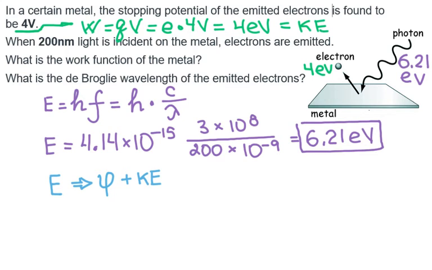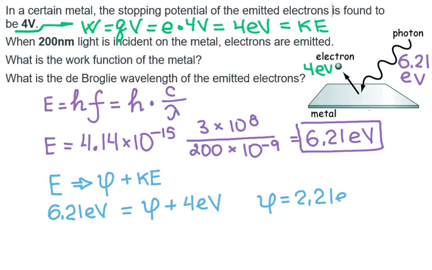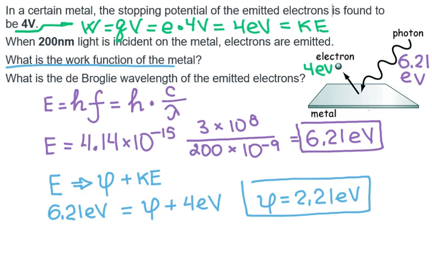So if the energy of the photons is equal to 6.21 electron volts, and the kinetic energy of the electrons after they have been emitted is equal to 4 electron volts, then the work function must be equal to 2.21 electron volts. So this answers the first question, what is the work function of the metal?